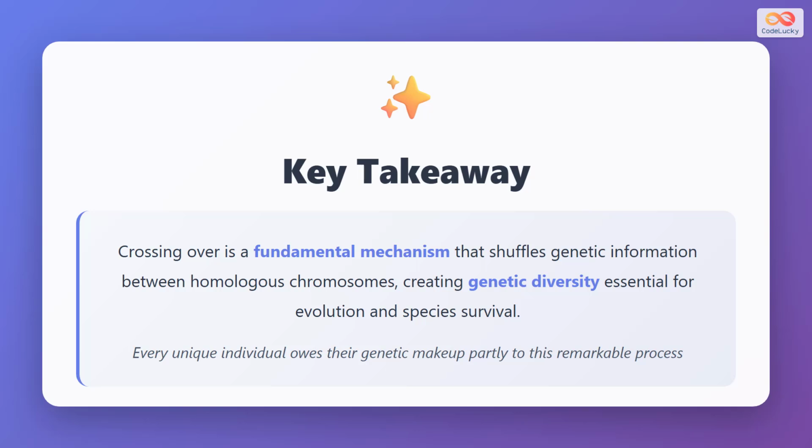Every unique individual, including you, owes their genetic makeup partly to this remarkable process. The specific combination of traits you inherited resulted from countless crossover events that occurred during the formation of your parents' reproductive cells. This elegant molecular dance ensures that each generation brings new genetic combinations, providing the variation that allows species to adapt, evolve, and thrive in changing environments.